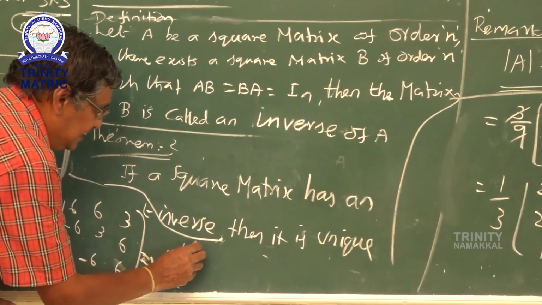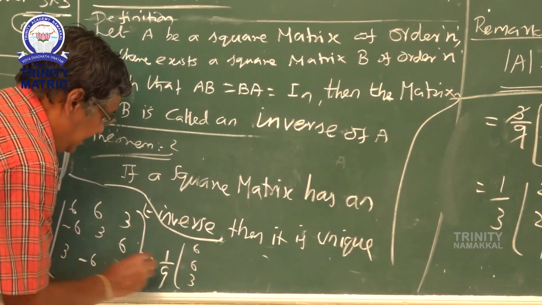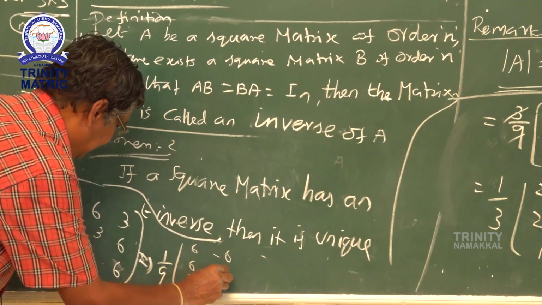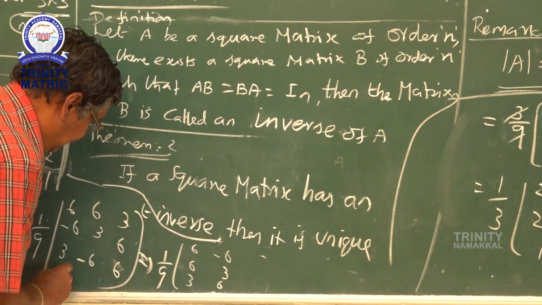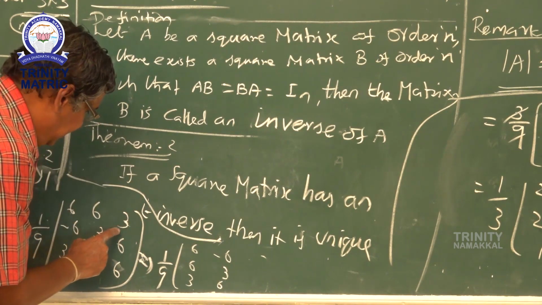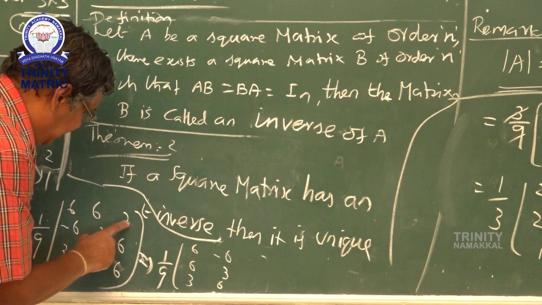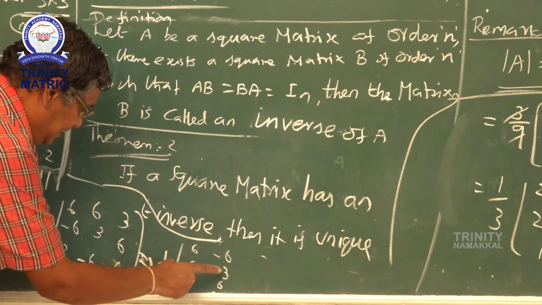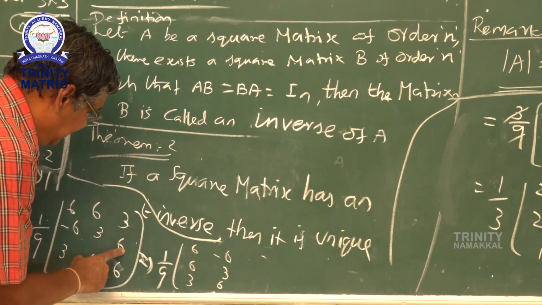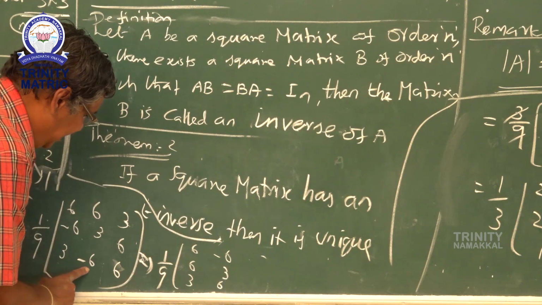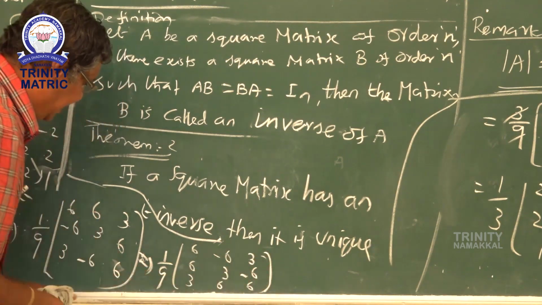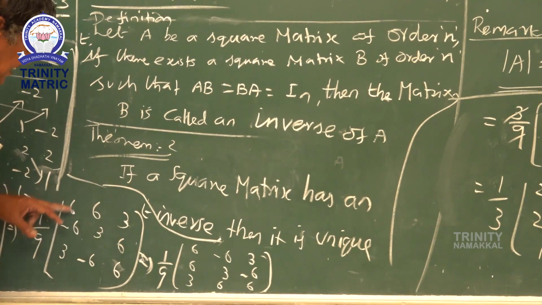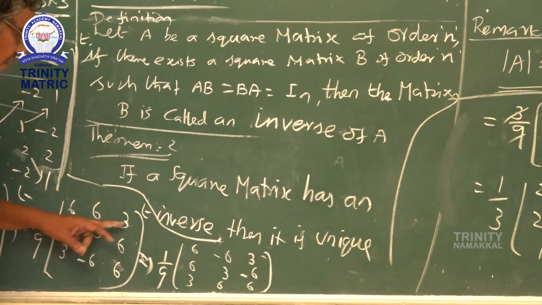This row 6, 6, 3, then next row minus 6, 3, 6, then 3, minus 6, 6. Rows will be changed as columns, and columns will be changed as rows.